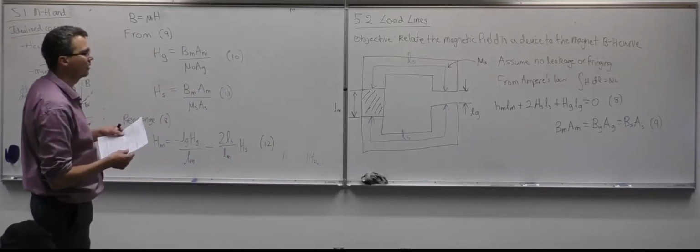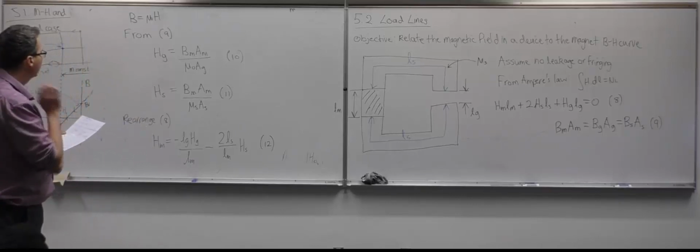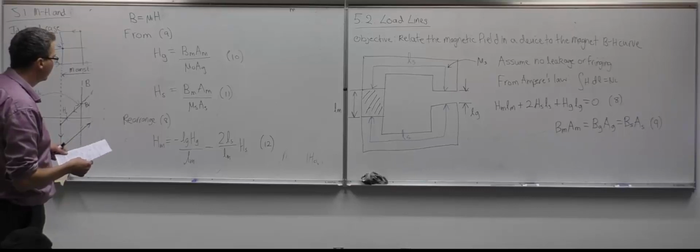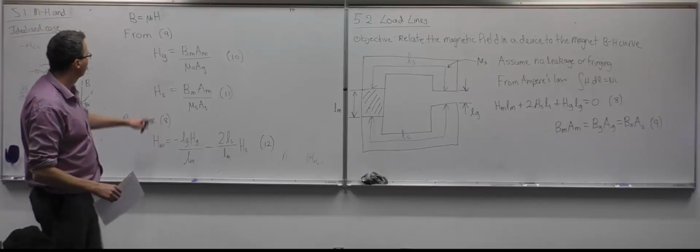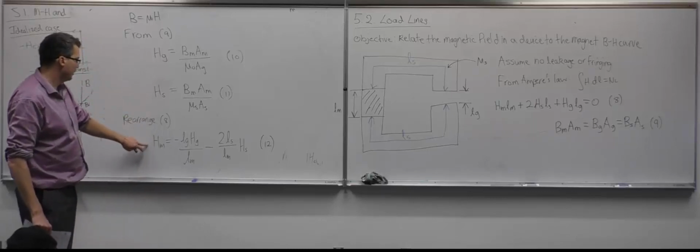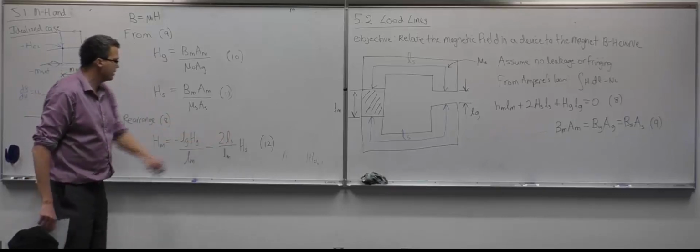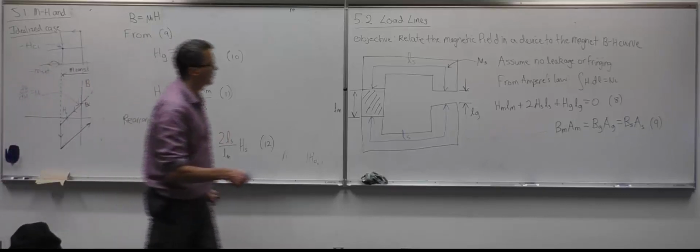So I just rearranged 8. Now looking at that, we can substitute in 10 and 11 into 12, and that will then eliminate Hg and Hs. So let's do that.